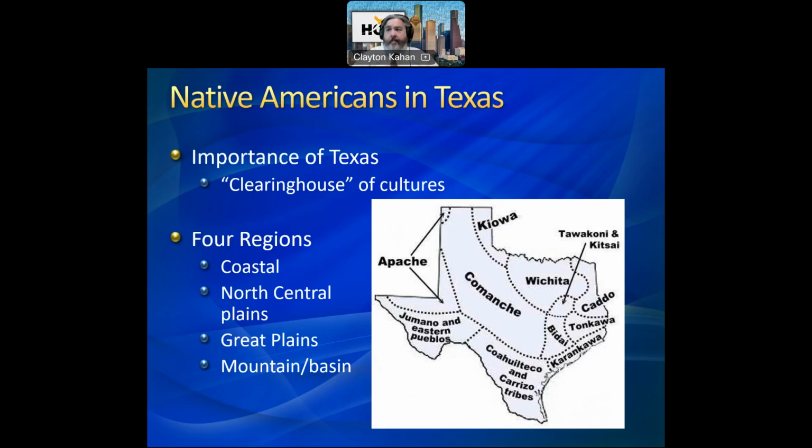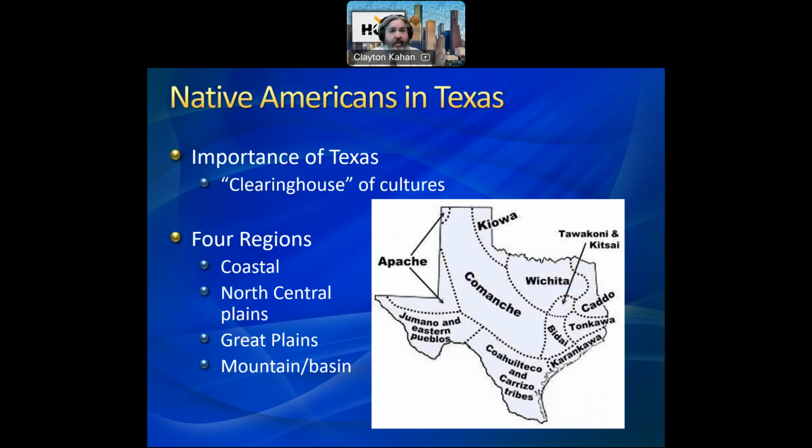Okay. The second natural region is what we're going to call the Northern Central Plains region. The Northern Central Plains region is the area that is North Texas, Dallas, Fort Worth, Waco, those areas today, areas that are close to Oklahoma.